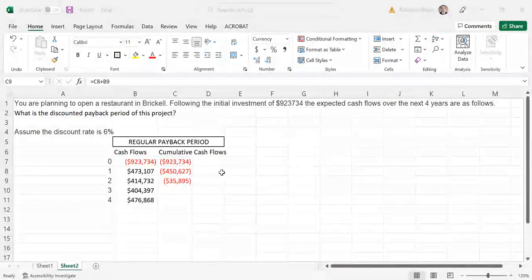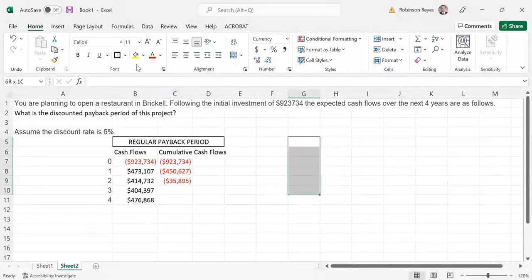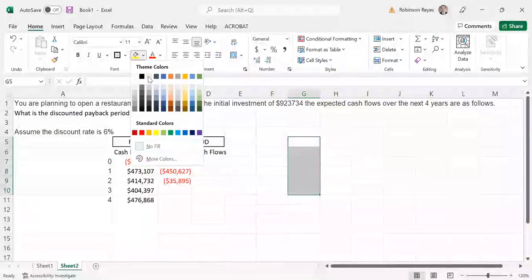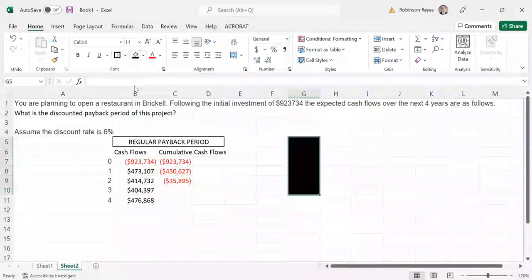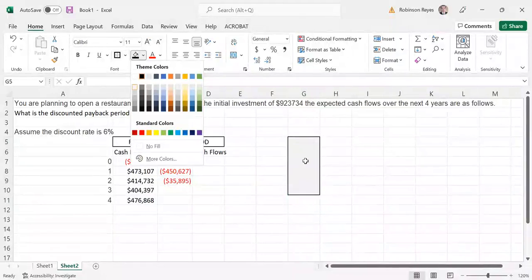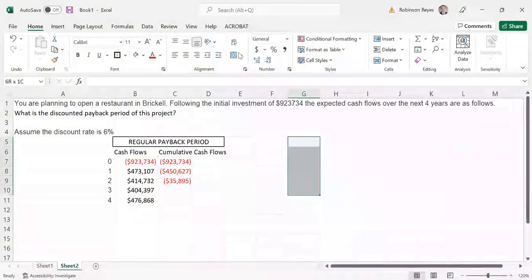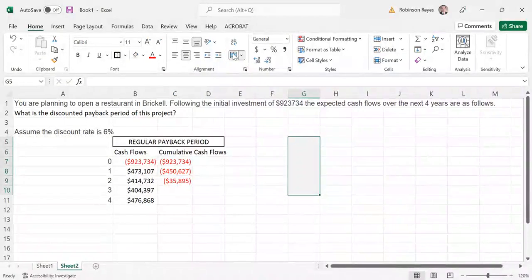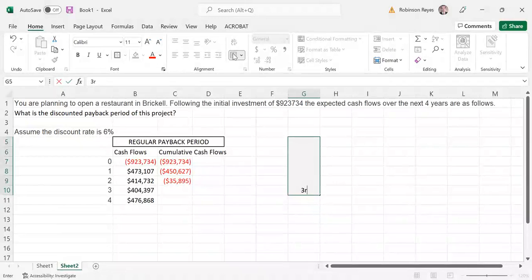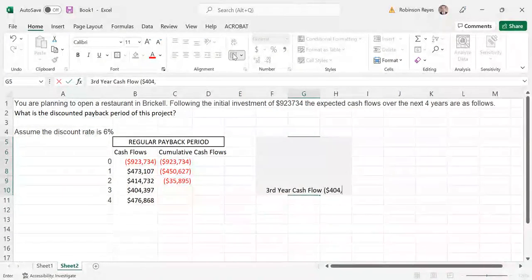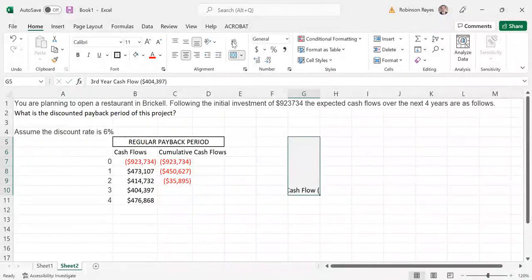So, long story short, if these are the cash flows, and I'm going to paint this in gray with this border, these are the cash flows, and the third year cash flow is 404,397, right?